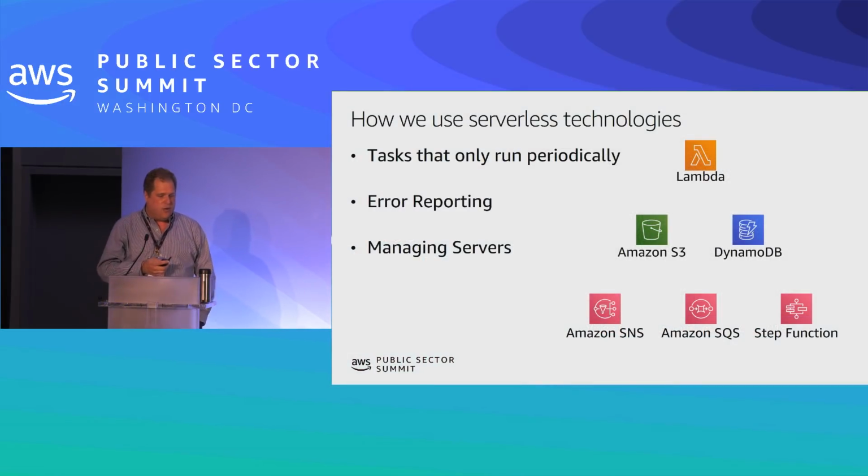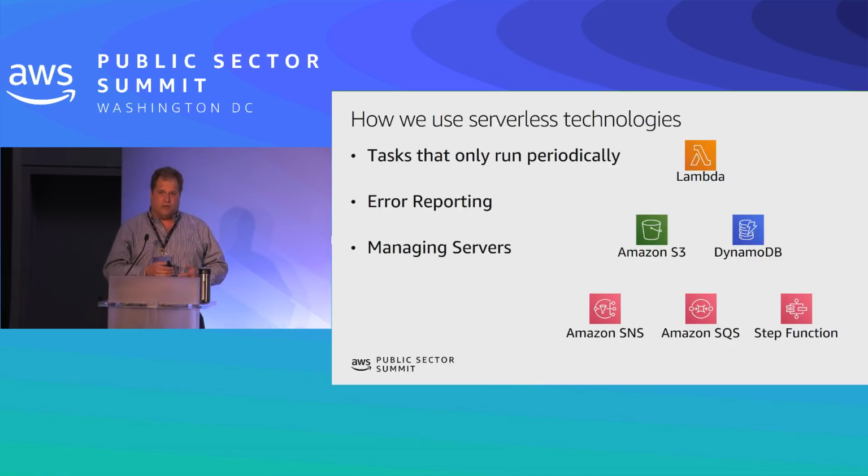So here are the ways we use serverless technology in BossDB. There are 3 categories, really. Tasks that run periodically: we don't want hardware running all the time in those cases, so we use serverless. Error reporting: it can be very handy to use Amazon SNS to notify you when there's a problem in your server.